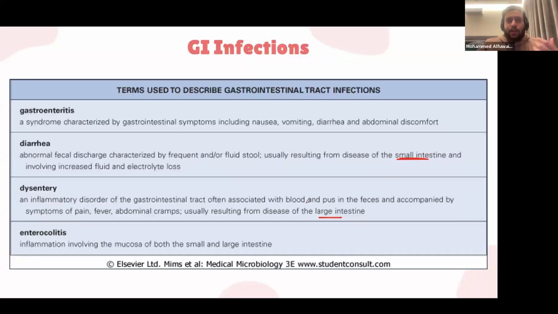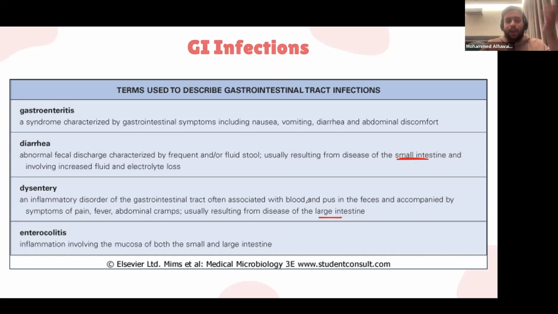It's important for you guys to differentiate the causes of watery diarrhea versus bloody diarrhea in terms of what organism causes what. Okay, and we'll get to this, inshallah. So, enterocolitis is basically inflammation of both the small and large intestine. Gastroenteritis is basically a group of symptoms such as abdominal pain, distension, also nausea, diarrhea, and so on.